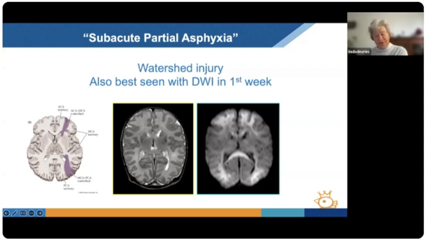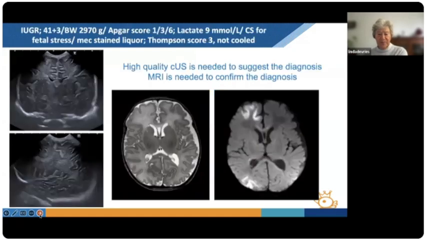So also the corpus callosum, which is very often involved in the watershed type of injury, is very clearly seen on the diffusion-weighted imaging. Here we see another case, ultrasound, which of course we always do as well. We see that there is some echogenicity more pronounced than on the other side.